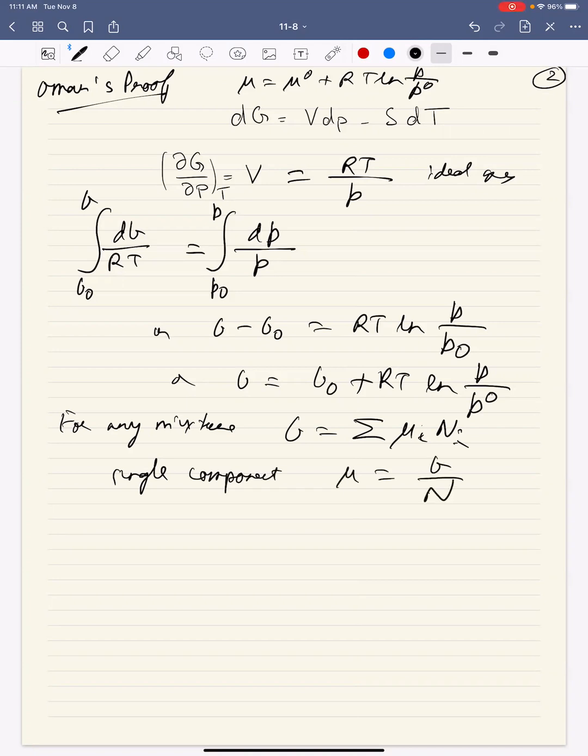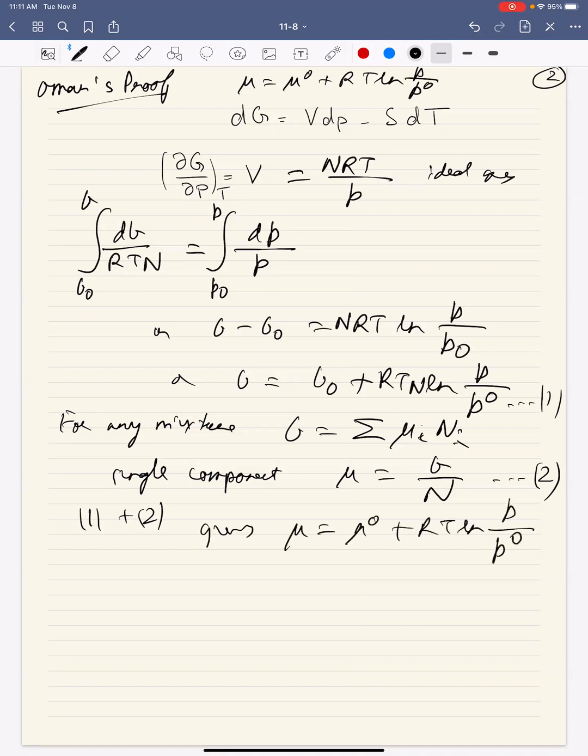Now you'll be, oh, where did the n come from? Well, if you had to be really cautious, the n came from here. Okay, that's where it comes from. So you divide by n. Let's call this 1. 1 plus 2 gives mu is equal to mu naught plus RT ln P by P naught.